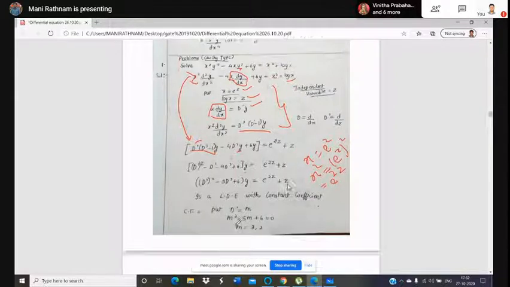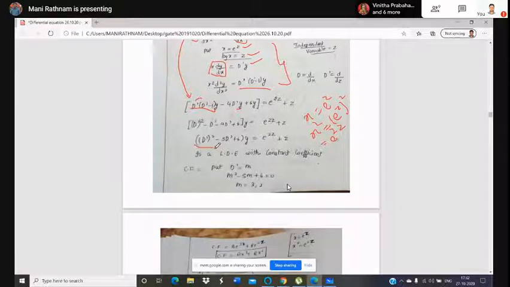And now you see that this is a differential equation with constant coefficients.